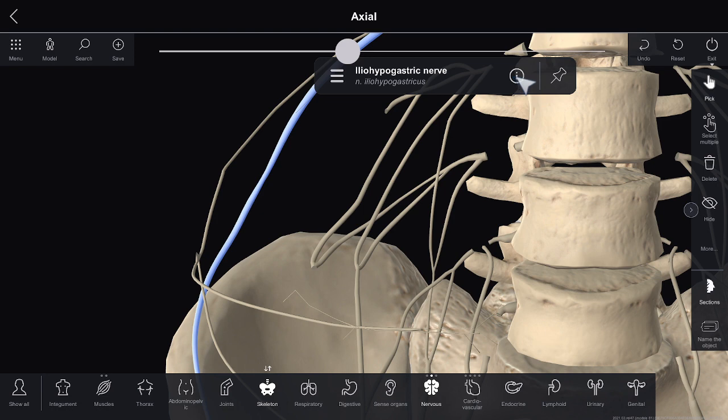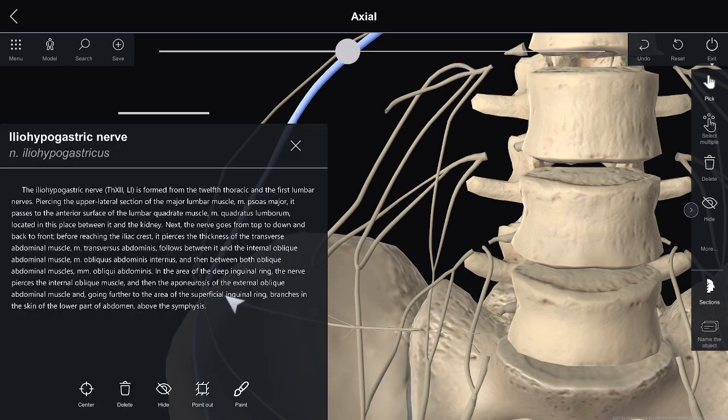Let's read the information. Iliohypogastric nerve is formed from the 12th thoracic and first lumbar nerves, piercing the upper lateral section of the psoas major muscle, musculus psoas major.